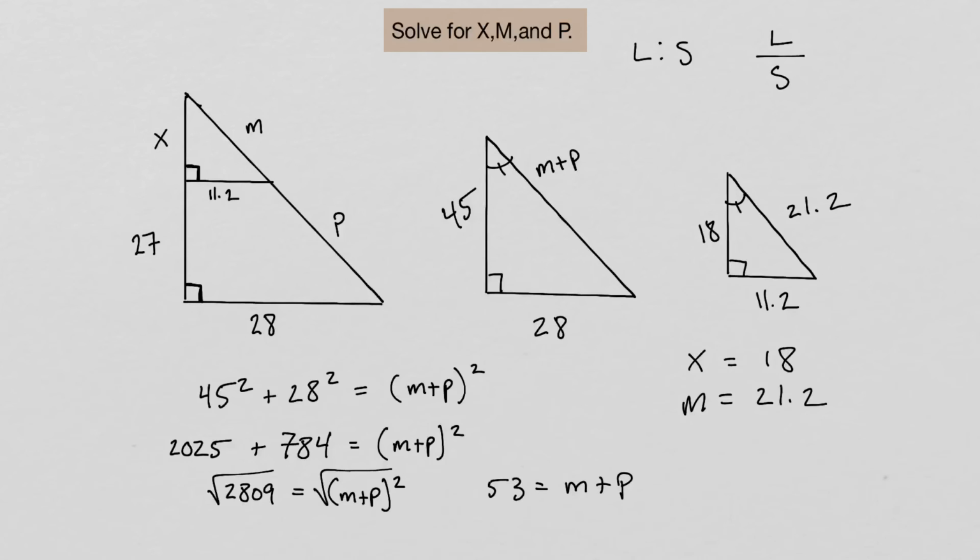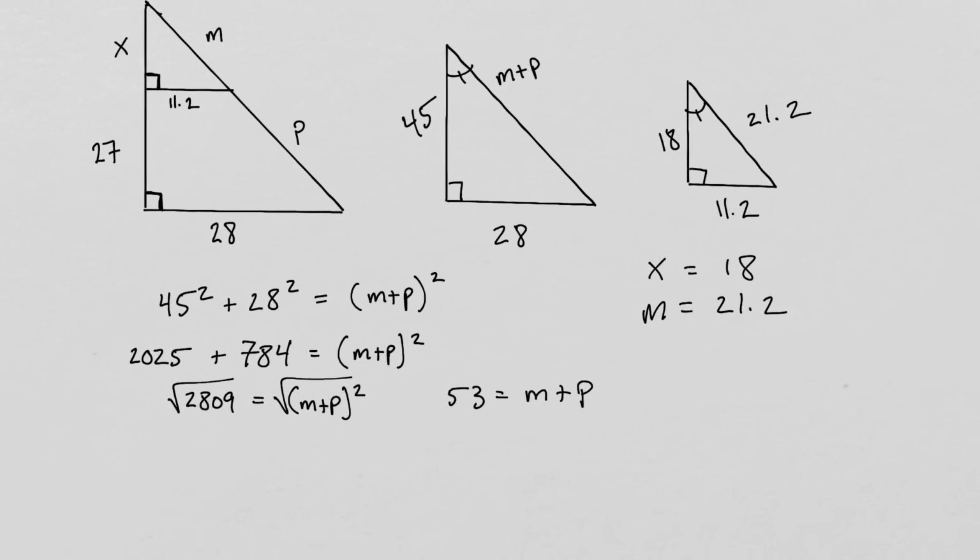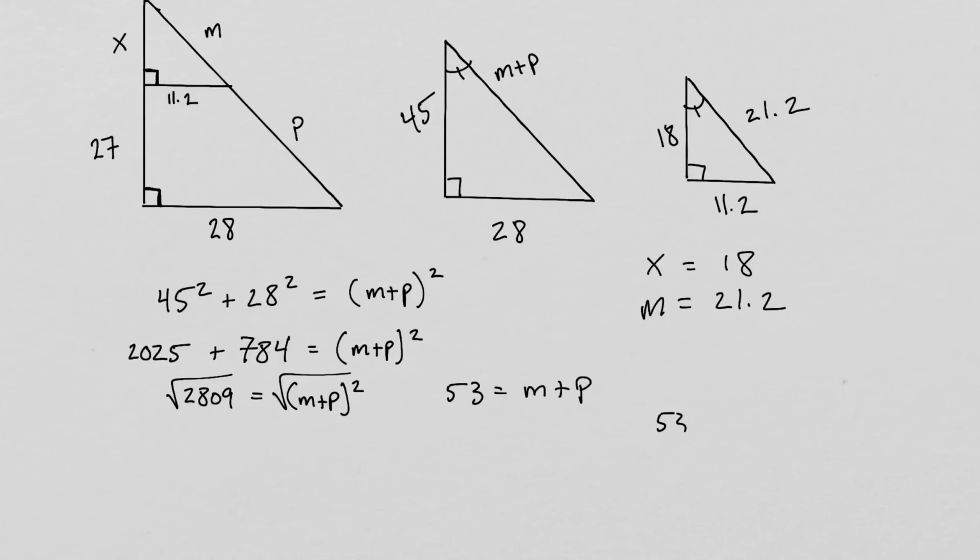We already know m equals 21.2, so we can place that in here: 53 equals 21.2 plus p. Subtracting 21.2 from both sides, we get 31.8 equals p.